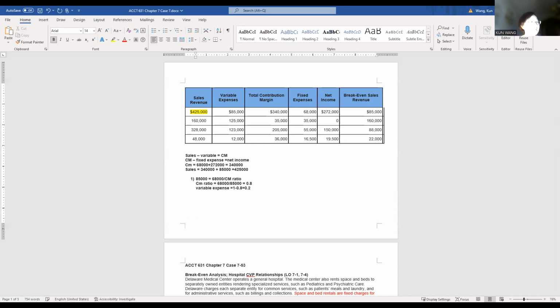Those two always add together to 1. Now we can get the sales revenue, because the variable expense ratio equals the variable expense divided by the total sales. You know your variable expense, so for my case, my total sales will equal the variable expense, 85,000, divided by 0.2.